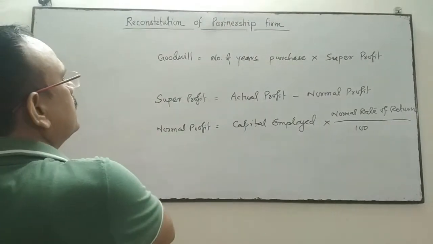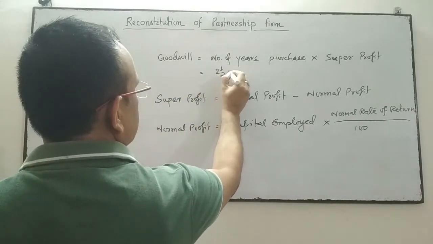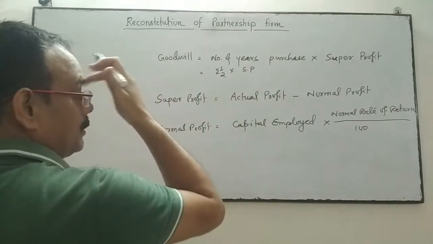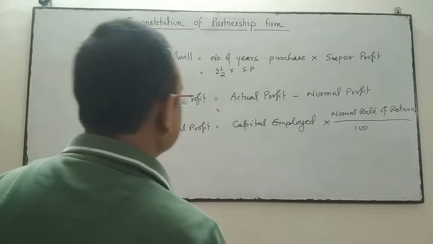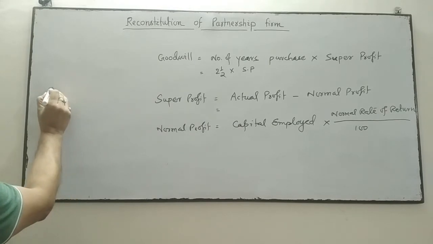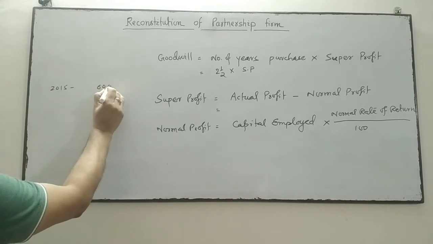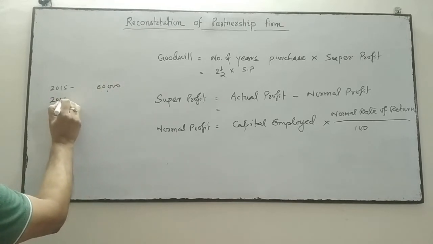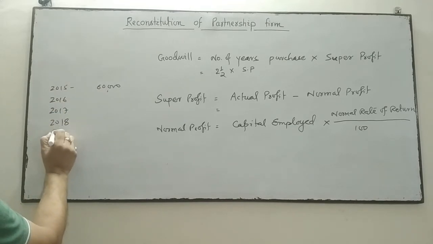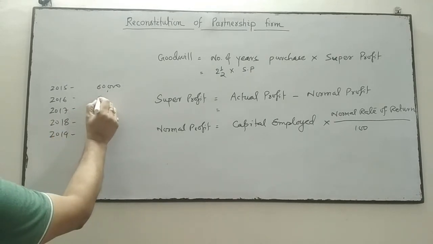So here goodwill is equal to 2.5 years purchase into average super profit. Super profit is equal to actual profit minus normal profit. First we calculate the actual average profit. Profit of 2015 is 60,000, 2016 is 80,000.